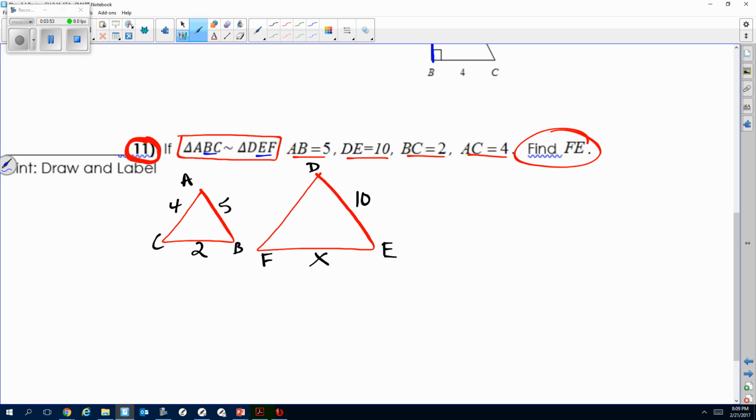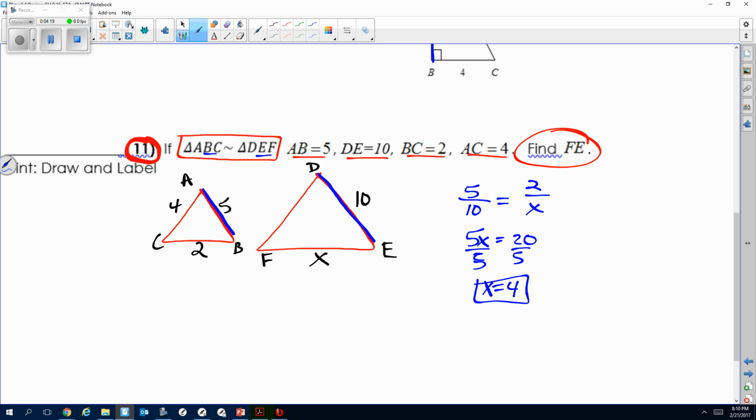I can do multiple proportions, but really I would go from AB to DE, which is our first 2 letters. 5 is to 10, which equals 2 is to x. Then we cross multiply and get 5x equals 20, and we divide by 5. And so x is 4.